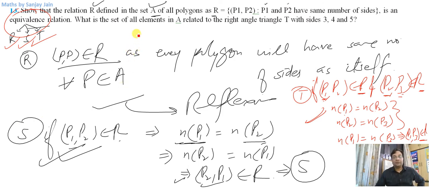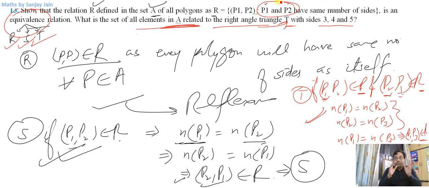What is the set of all elements in A related to the right triangle T with sides 3, 4, 5? Okay. What is the relation? You need to take care. Every triangle that has the same number of sides as this, see, P1 and P2 are related, two polygons are related if they have the same number of sides. So we are talking about a triangle, whether it is a right triangle with measures 3, 4, 5 or 5, 12, 13, let us say, that doesn't matter.